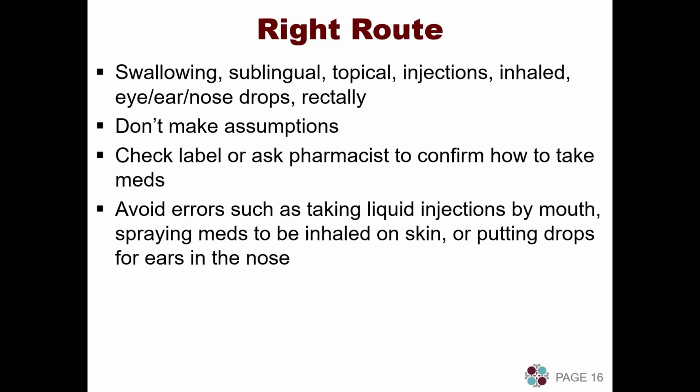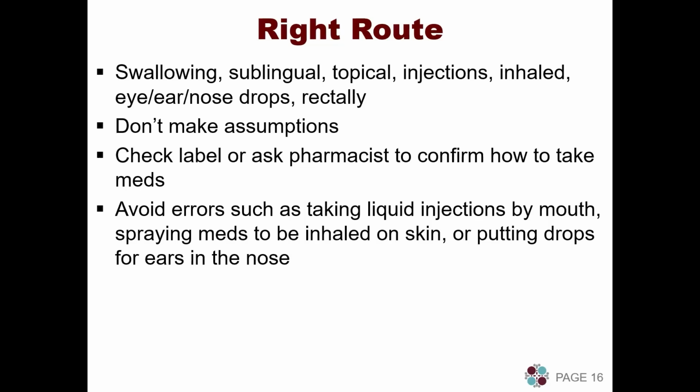Next slide, please. So when we talk about the right route, it may seem obvious, but medication can be taken in different ways. It could be swallowed, it could be sublingual or placed under the tongue, it could be topical. As I mentioned before, it could be injected, it could be inhaled, it may come in the form of eye, ear, or nose drops. It could even be taken rectally.